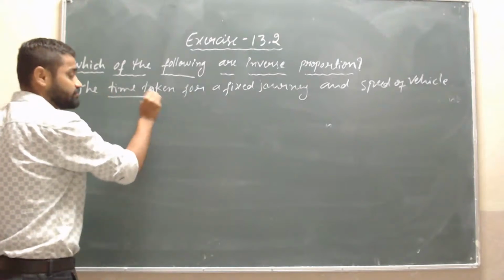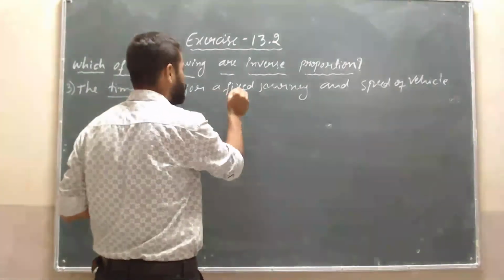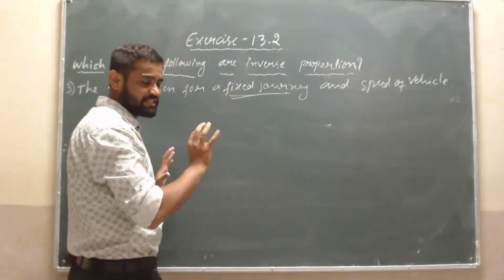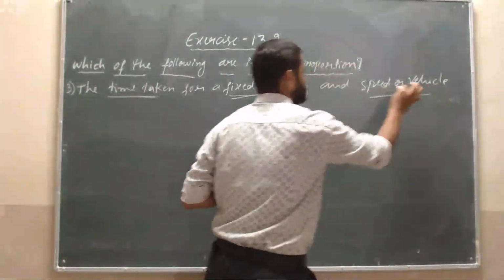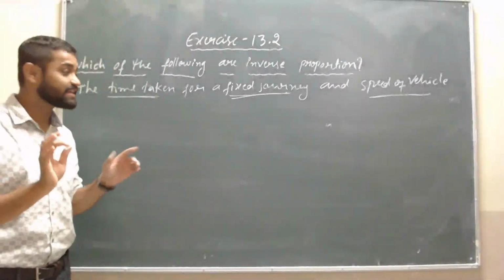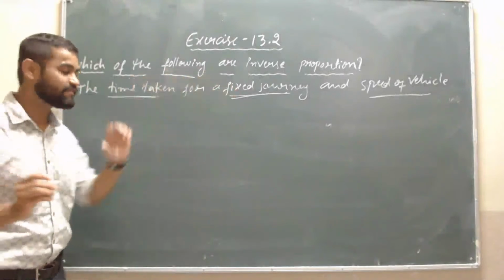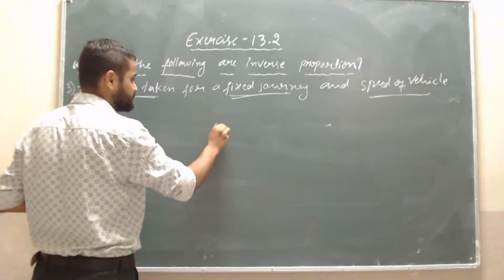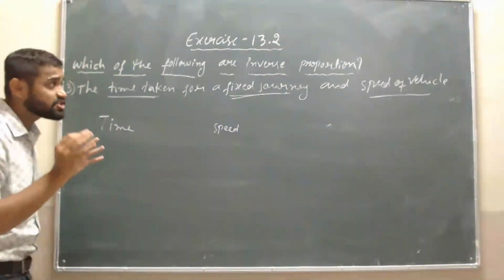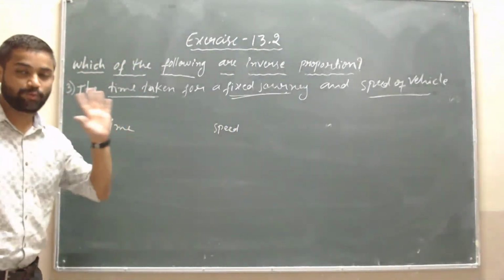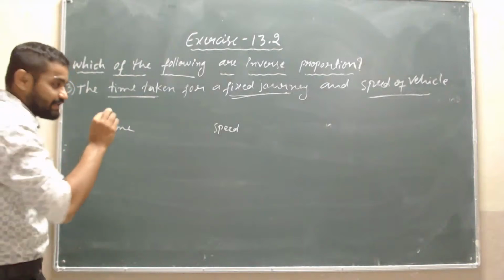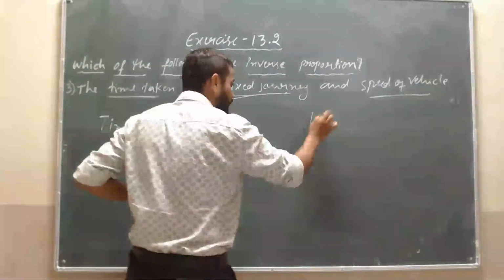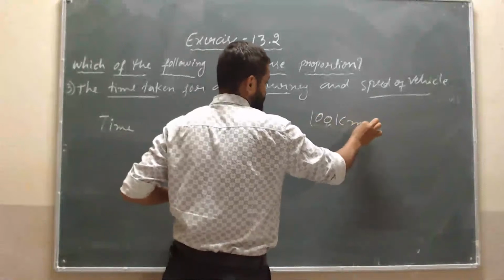The time taken for a fixed journey, and speed. Here both time as well as speed are given. Let us assume that the fixed journey will be 100 kilometers.